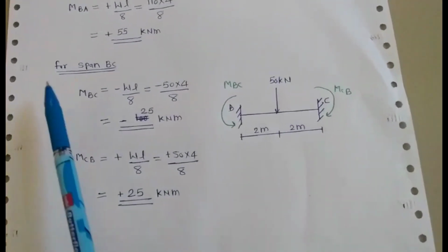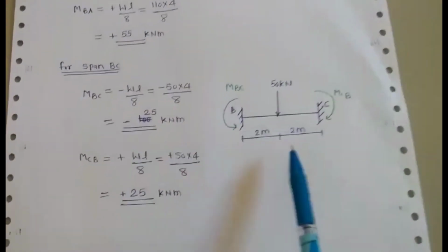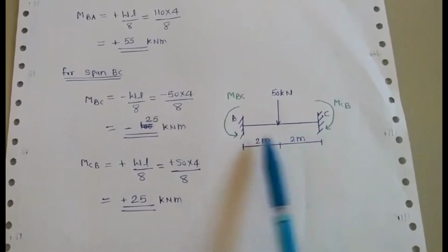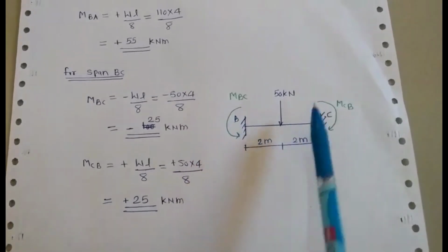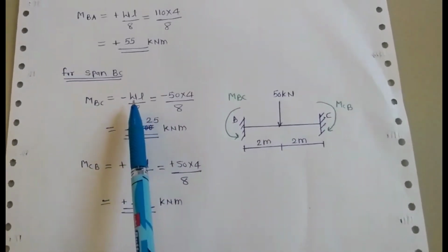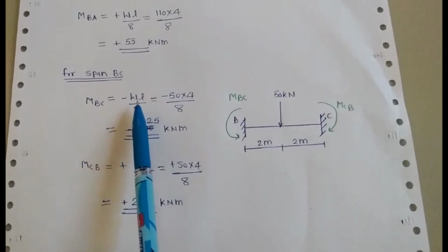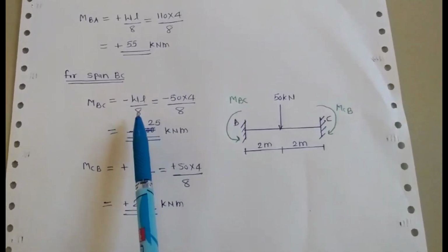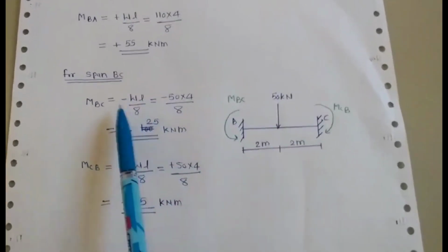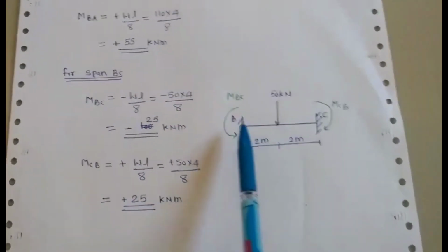Now for span BC, the concentrated load of 50 kN is acting at the center. So we have to find out MBC and MCB. So MBC, if the concentrated load is acting, the formula is WL upon 8, with a negative sign because the movement is anticlockwise.